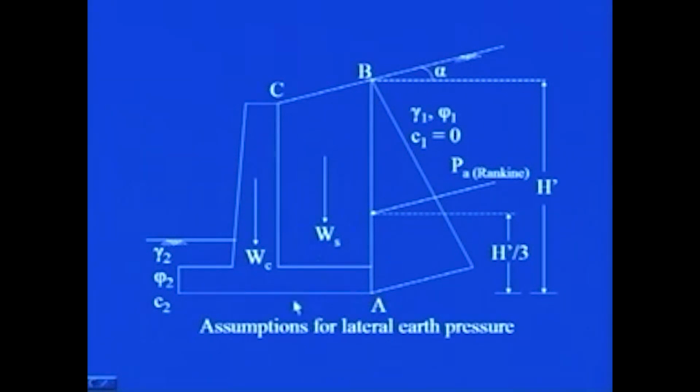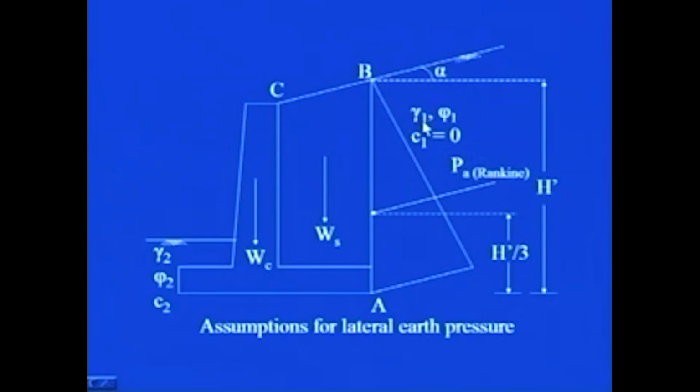Now, what are the various forces that you have to take into account? That is the weight of the soil which will be lying on this particular area. The backfill is inclined at an angle of alpha with the horizontal. The soil property C1 is equal to 0, that is, it is frictionless backfill.